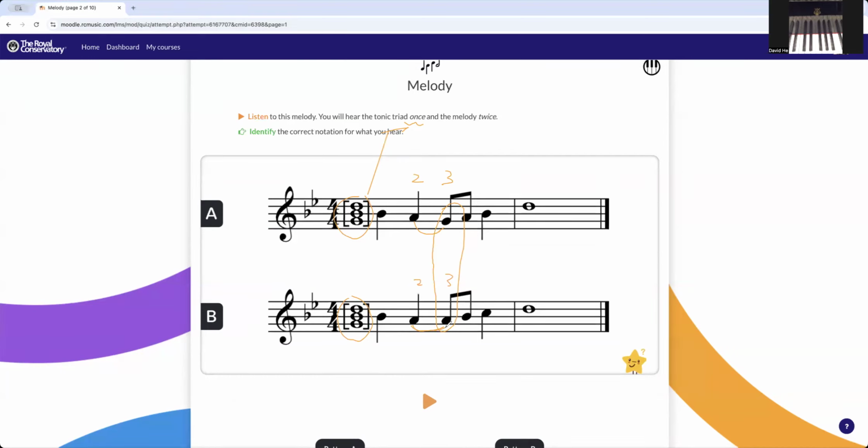So those two are exactly the same. So it's from here: down, same, up, or down, up, up. Listen to that very carefully. That's okay, because sometimes I make a mistake too.